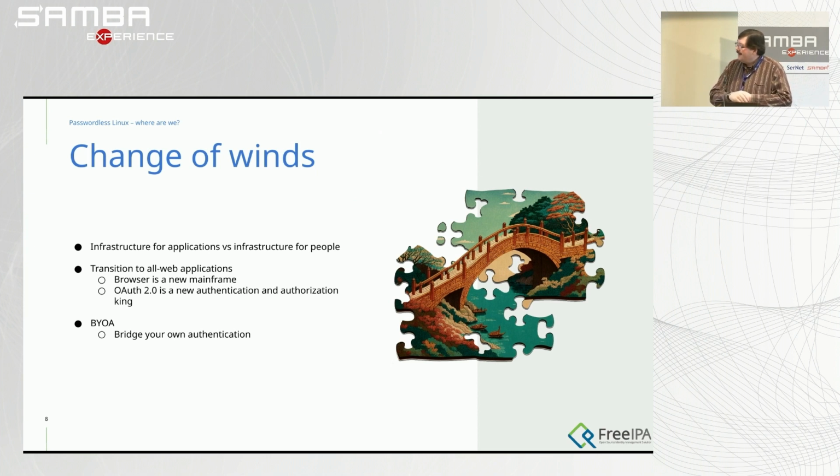Okay, but the most important point that I want to make is that the browser became really a new mainframe. It's a window into a world that runs somewhere else. And as the way to authorize this access, OAuth2 became the king there.